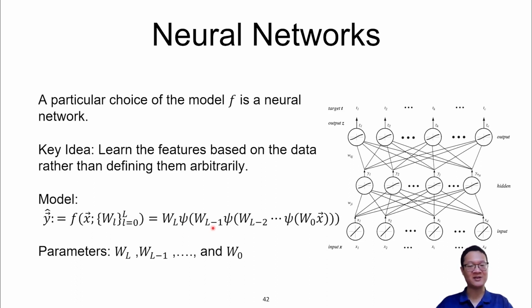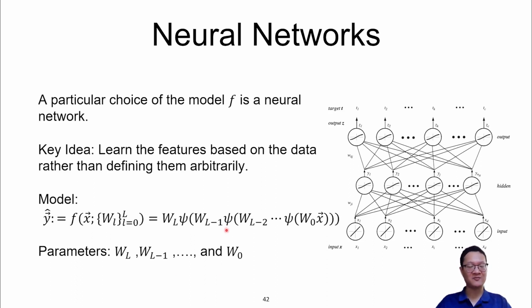And then after repeatedly doing this, we obtain this model, which is w_L times psi of w_{L-1} times the next learnable feature, which is psi of w_{L-2} times the next learnable feature, and so on, all the way down to psi of w_0 x. And now the parameters are all of these weight matrices, also including biases in there, w_{L-1}, and so on, down to w_0.